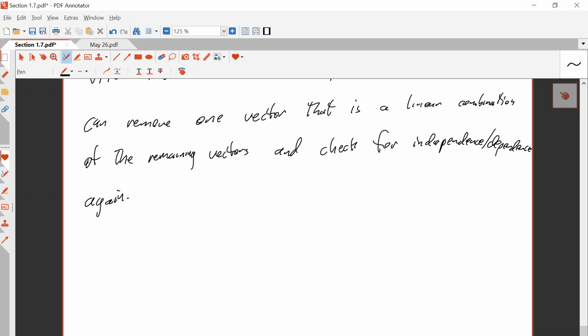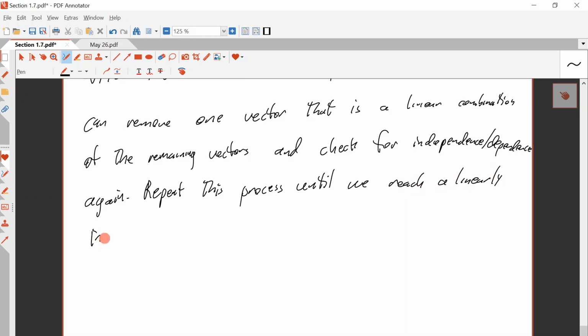And then we repeat this process until we reach a linearly independent subset of v1 to vc of largest possible size.